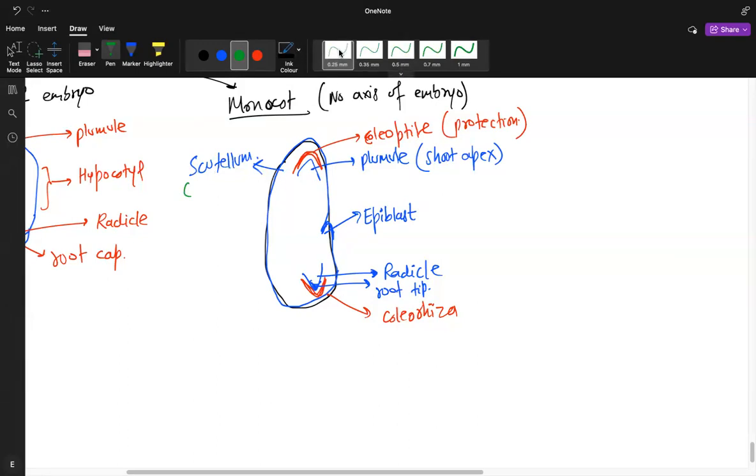On this side, you will see that the endosperm is situated on a lateral side. There's an axis.